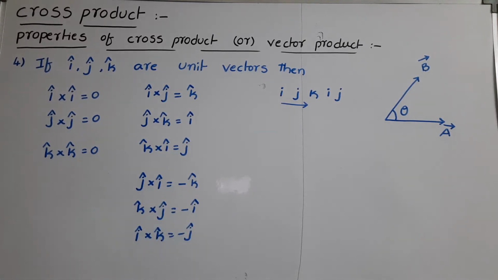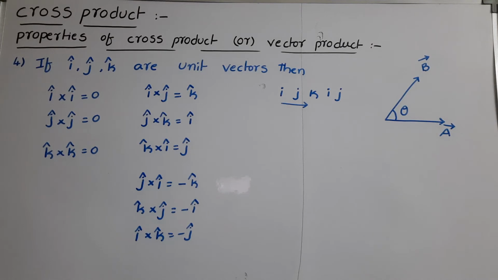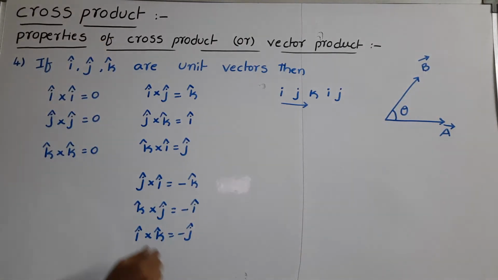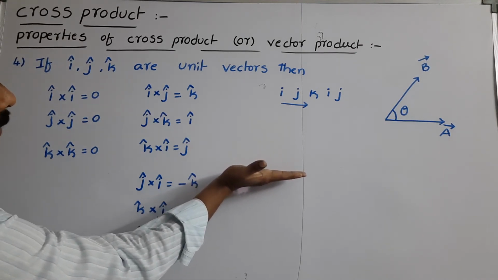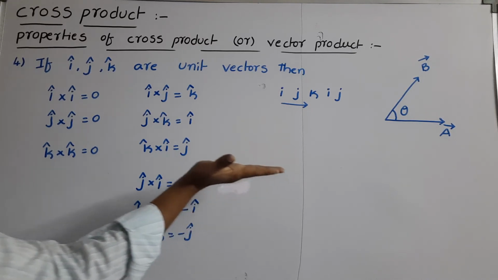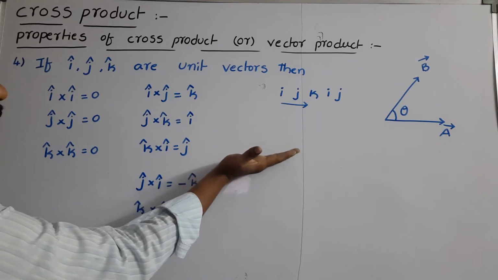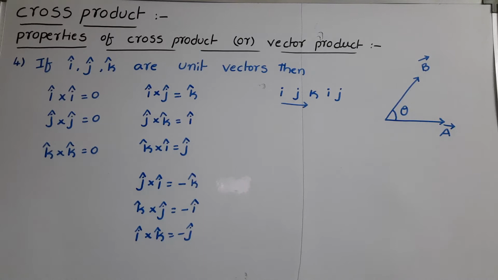Suppose we are traveling from A to B, where A bar is along the x-axis and B bar is in the xy plane. The cross product between A bar and B bar we can find with the help of the direction right hand rule. Place the right hand along the direction of the first vector and curl it towards the second vector, then the thumb gives the resultant direction.